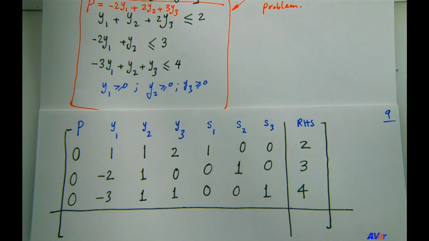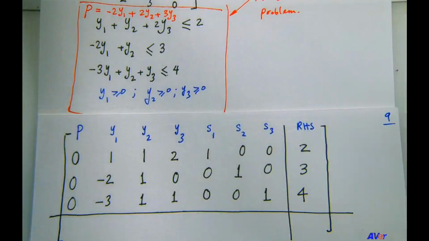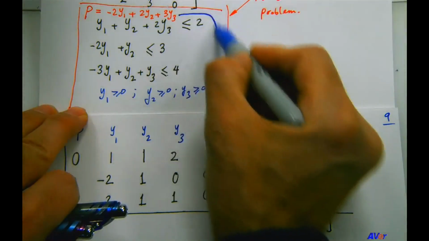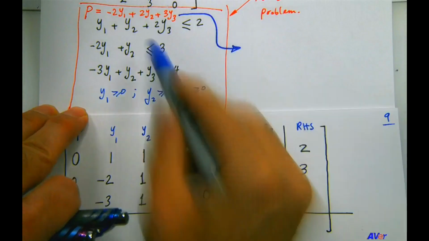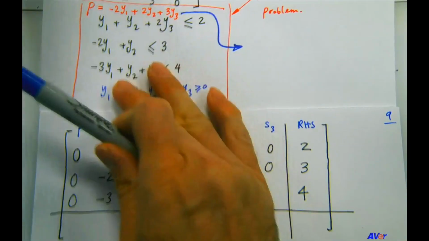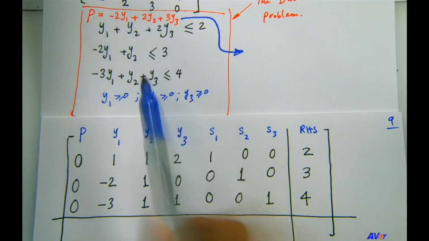Okay, are we done? No, right? What about this objective row? So let's write down the coefficients for that. Remember, because this is a maximum problem, we need to rearrange these coefficients, right? So we need to move all those 3 coefficients to the left together with p and set it equal to 0.